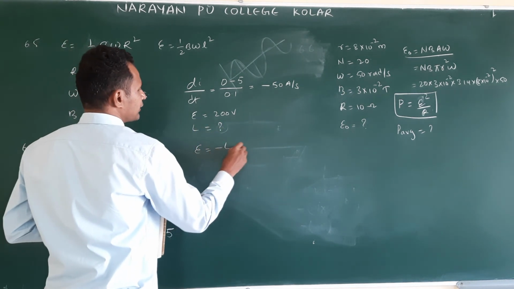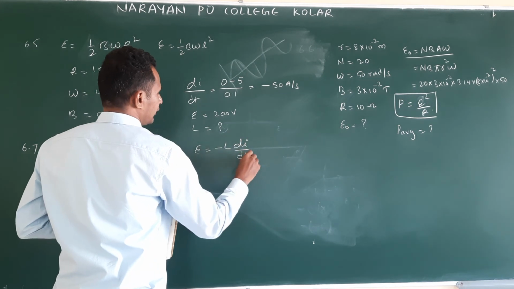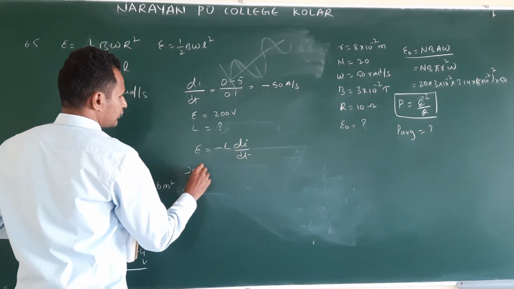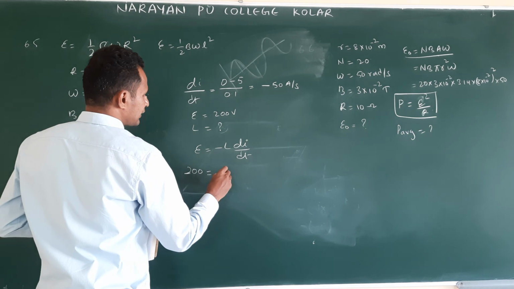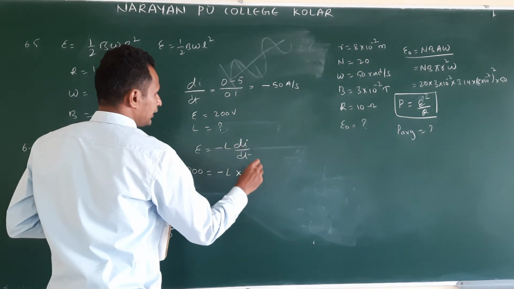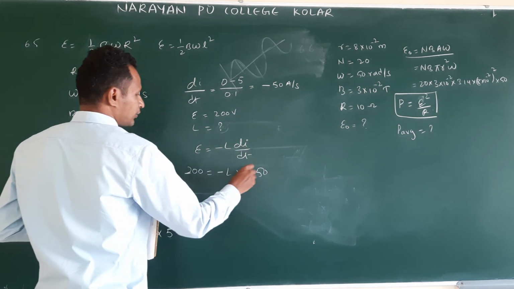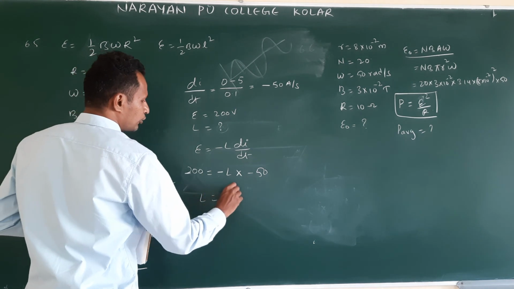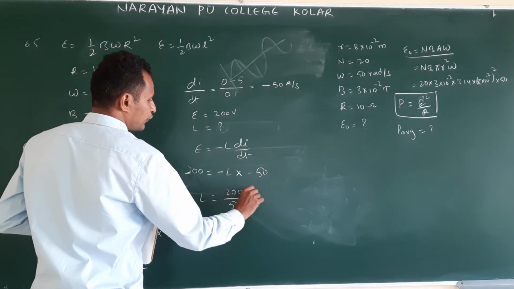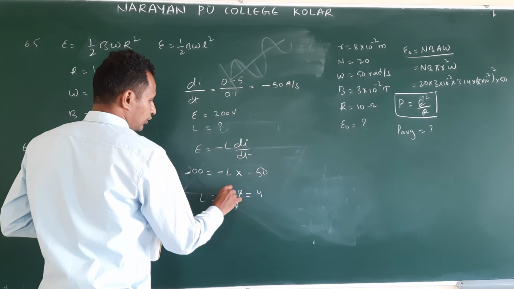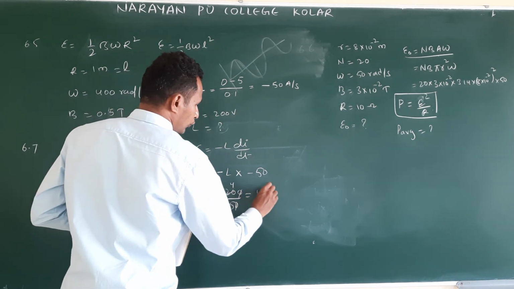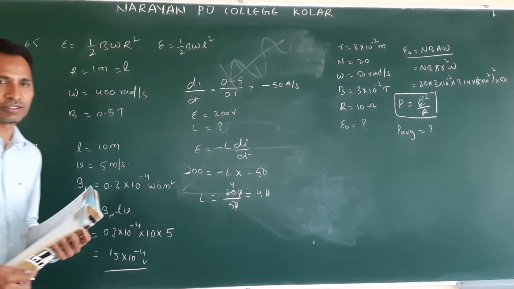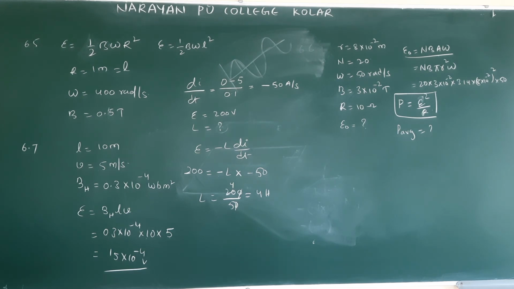E is equal to minus L di by dt. 200 is equal to minus L into minus 50. Minus into minus is plus, so L is equal to 200 by 50, which is 4 Henry, 4H.